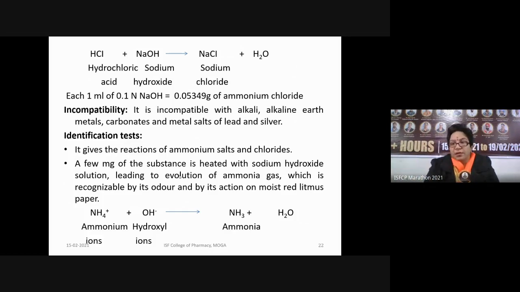It is such a pungent smell. It is also recognizable by its action on moist red litmus paper. Moist red litmus paper, जैसे आप इसको रखोगे, its color will change.